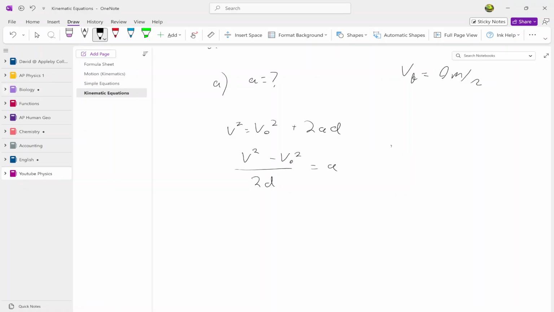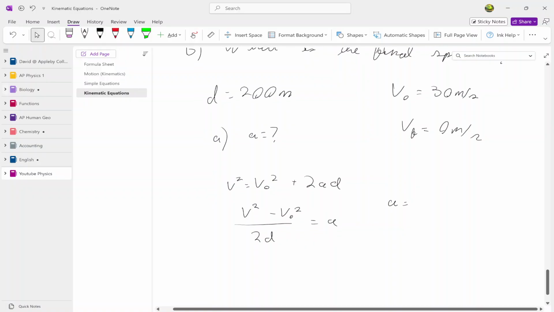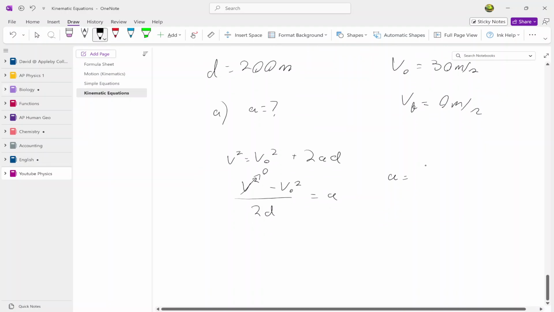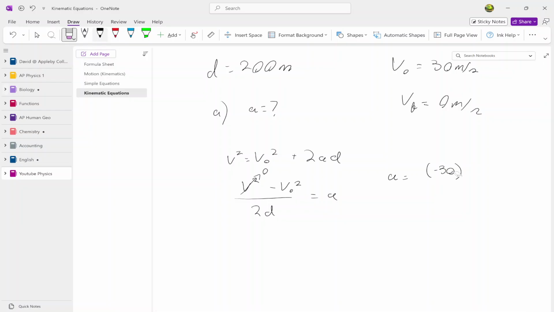All right, and then v final is 0. So we have, what is it, negative 30 squared. Here we go.